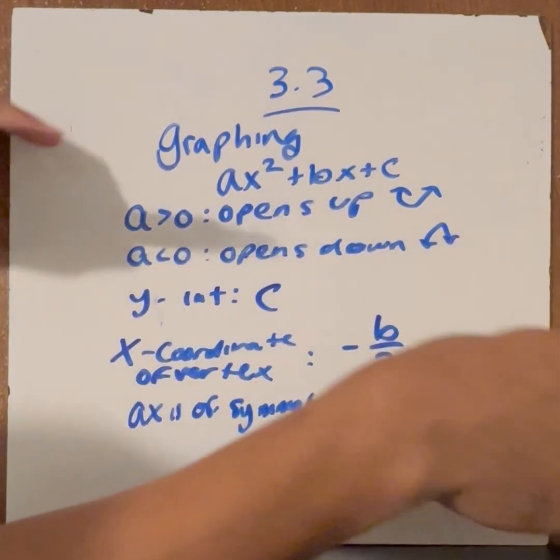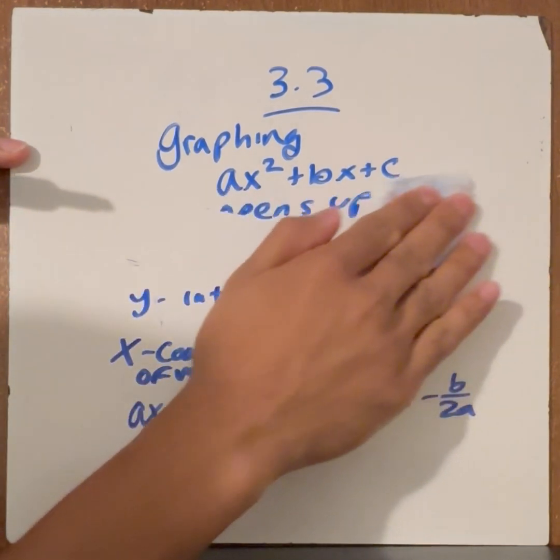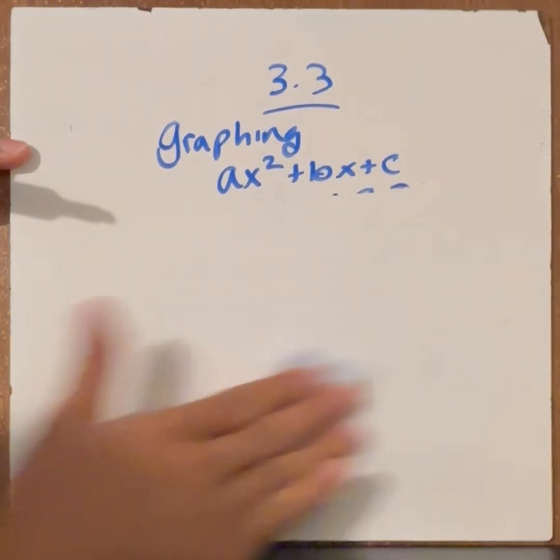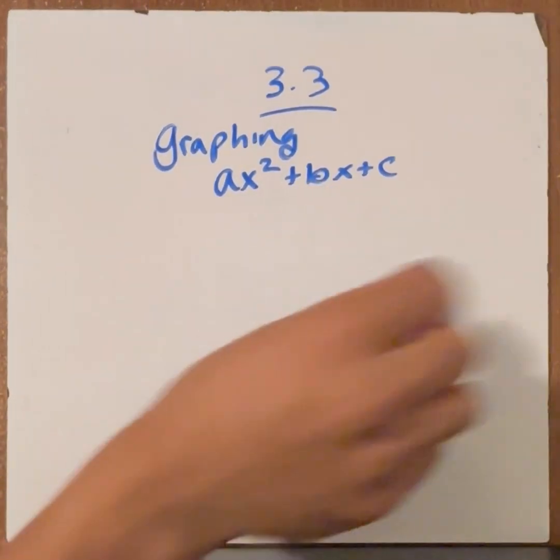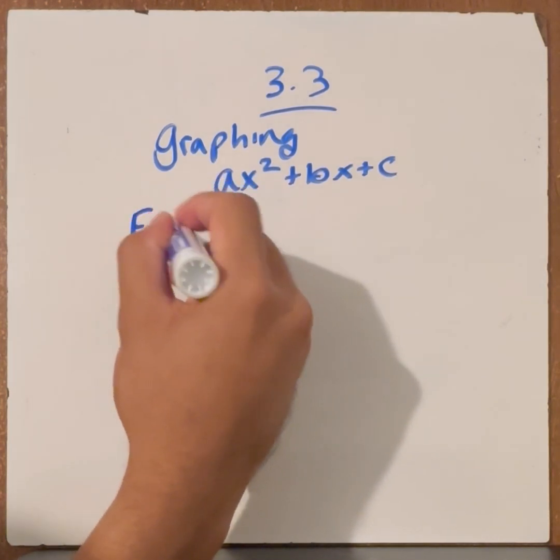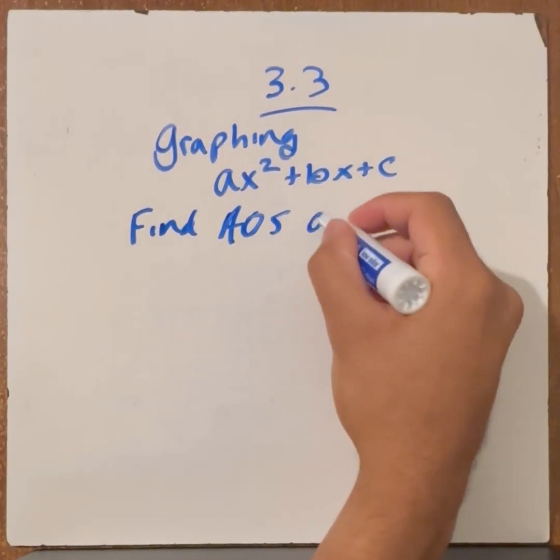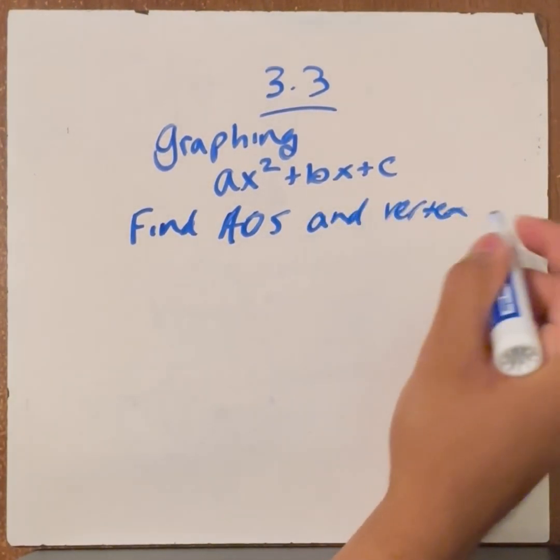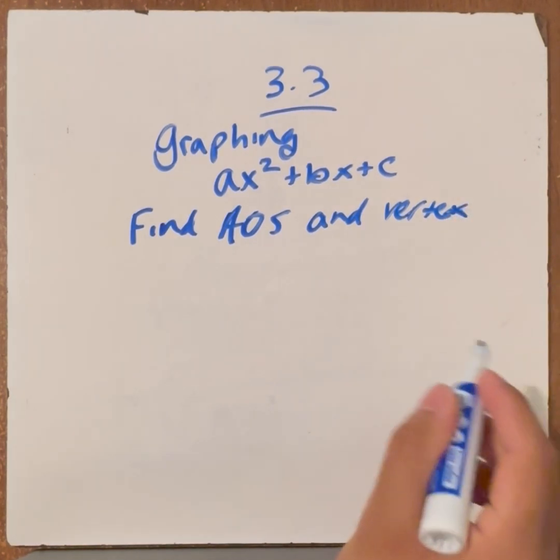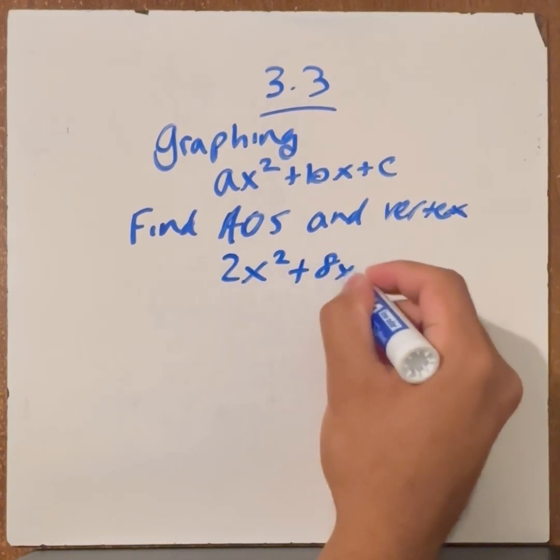Okay, so looking at a question. It says find the axis of symmetry, AOS, and the vertex of 2x squared plus 8x minus 1.